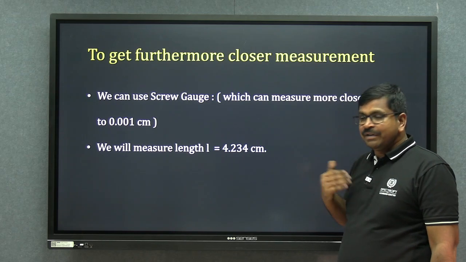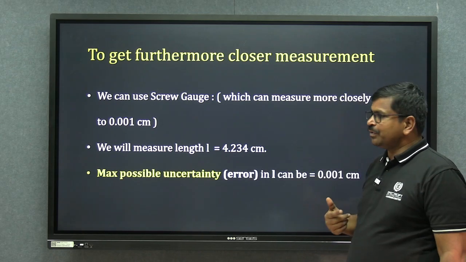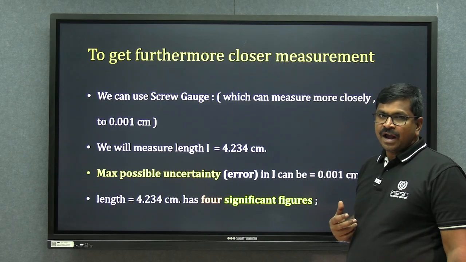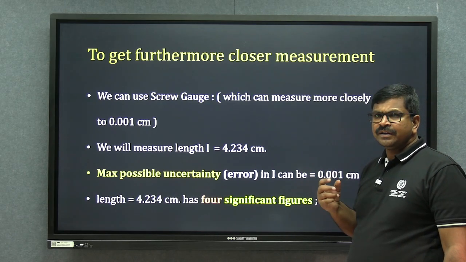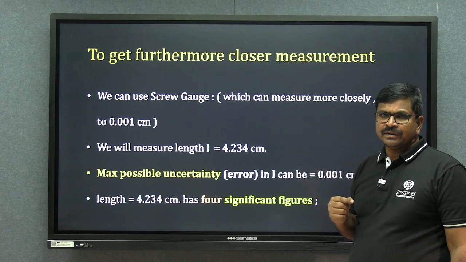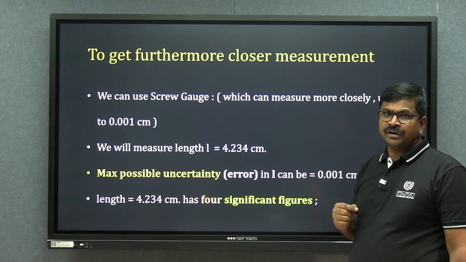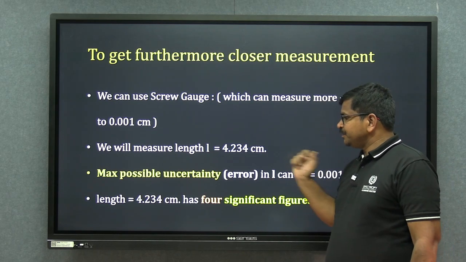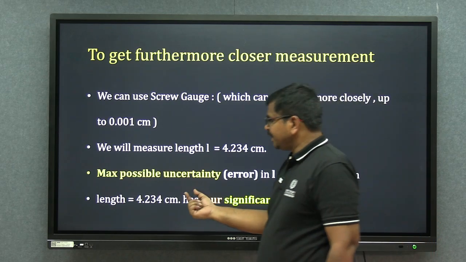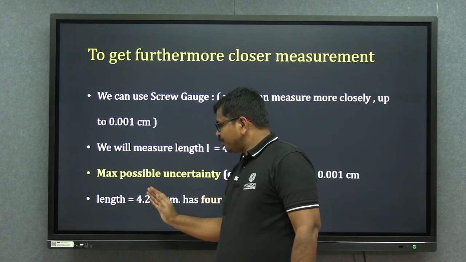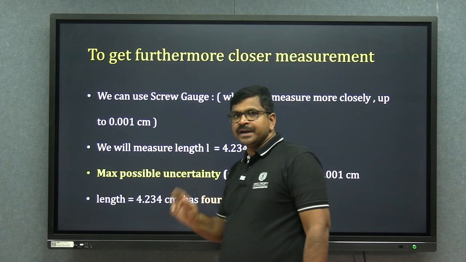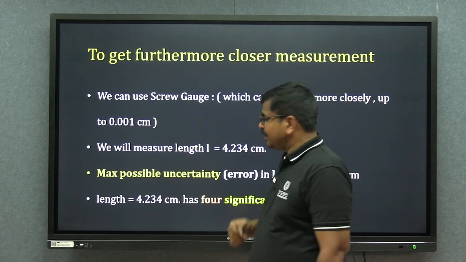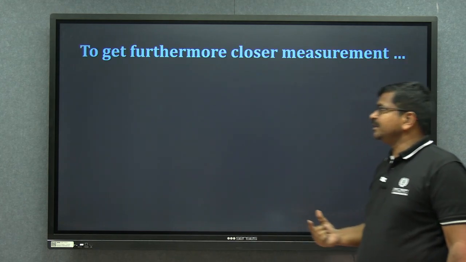Suppose I want even closer accuracy, I need a more minute measurement, that is a microscopic instrument, to get the length of this rod. Here if you observe, 4.234 indicates 4 significant figures where we have certainty in the measurement.